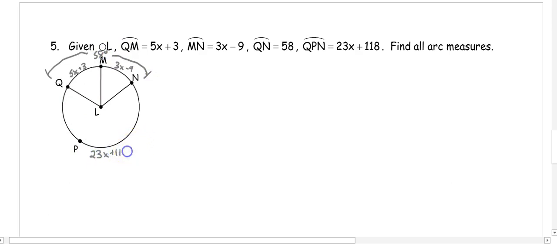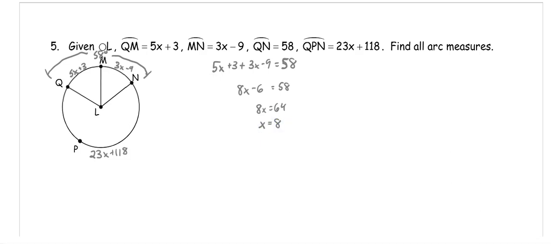So we can do the two smaller arcs are equal to 58 degrees to solve for x. So 5x plus 3 plus 3x minus 9 is equal to 58 degrees. We get 8x minus 6 equals 58. We add 6 to both sides, 8x equals 64. Divide by 8, so x equals 8.